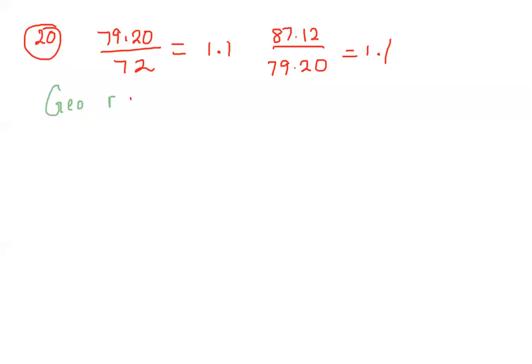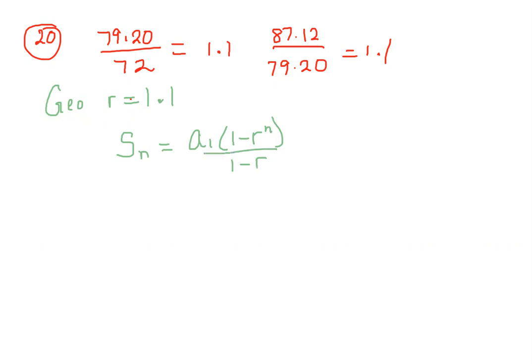And r equals 1.1. It says, find the total amount of interest that you will earn after 20 years. So that tells you it is a sum that you want. And since it's geometric, we're going to use this.